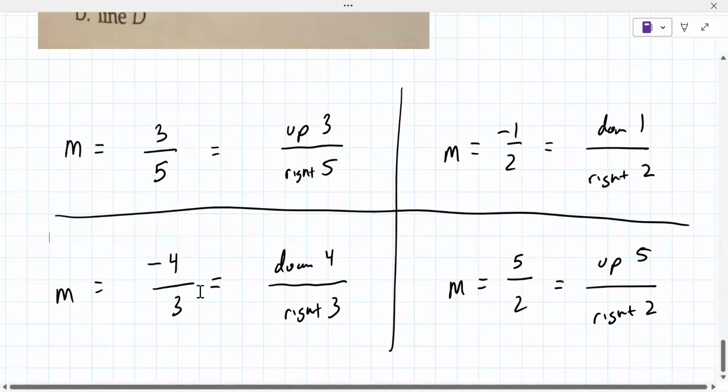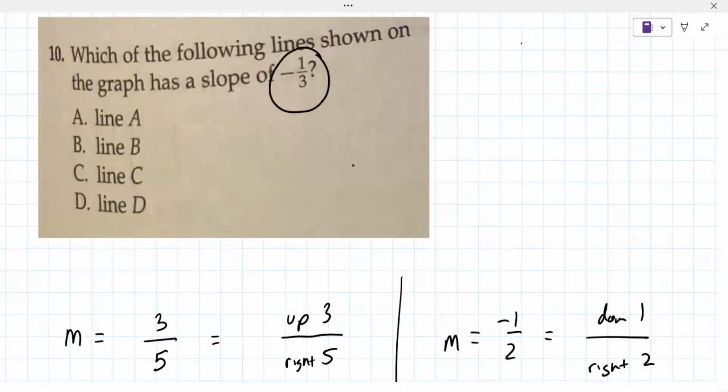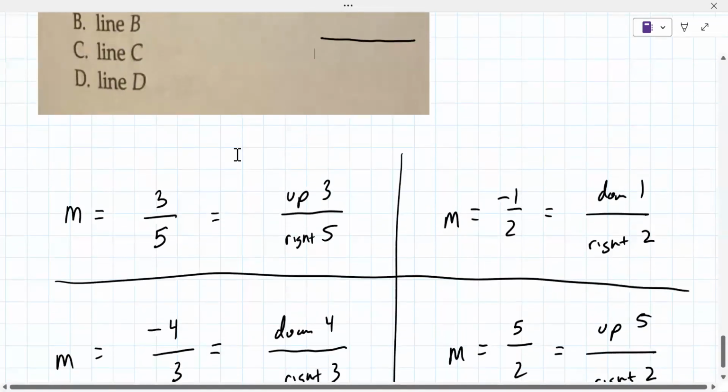Okay, so the two that are going down, what do you notice about their slopes? They're negative. Yes. All right. So you have to be able to translate this number right here into up, down, and to the right, like I did in these four examples.